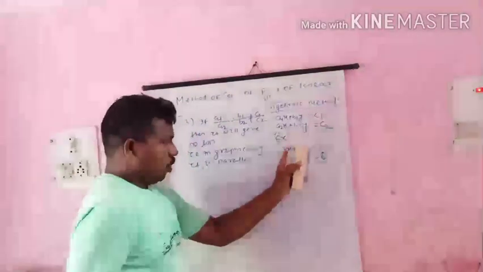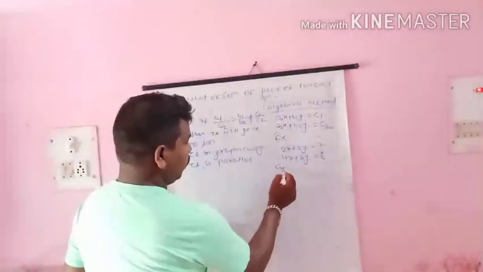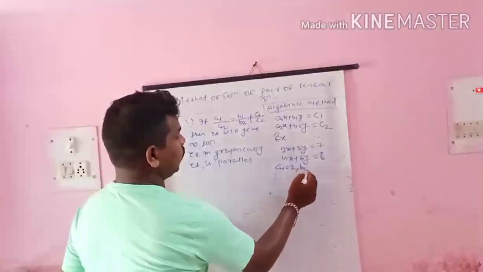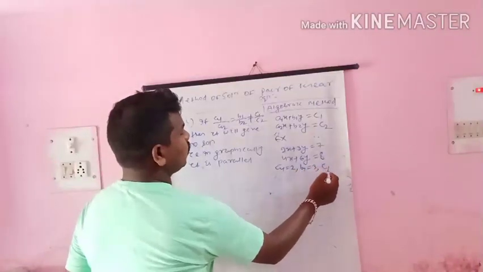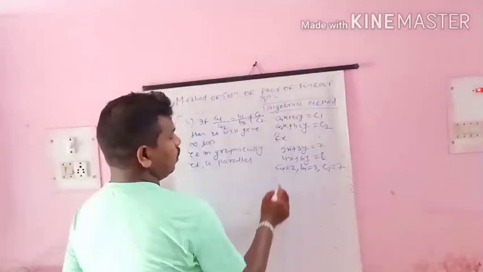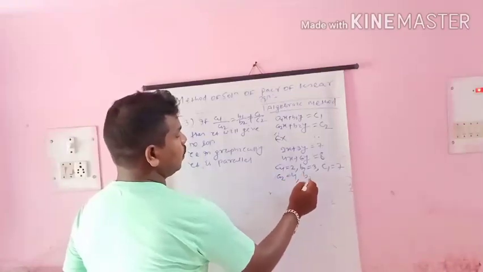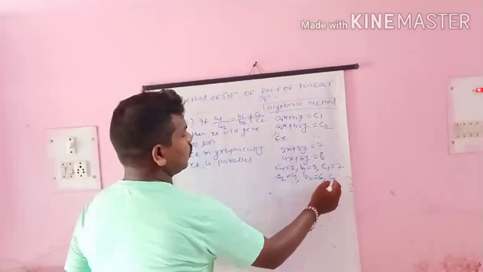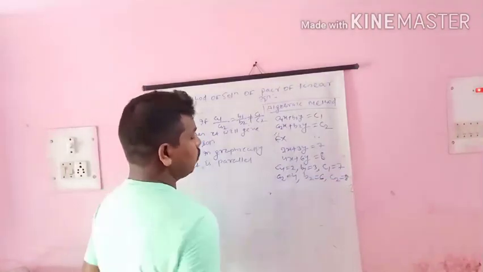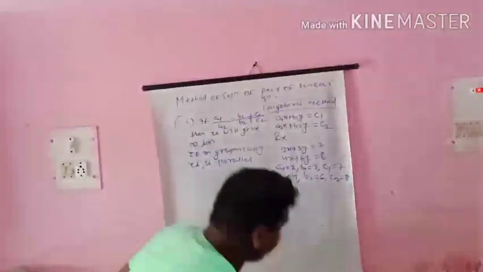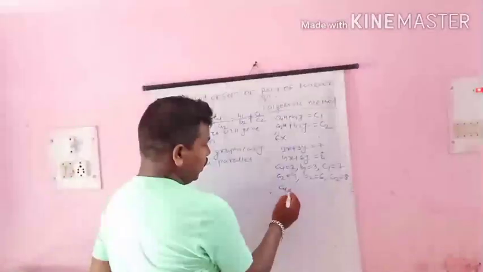For this example, a1 equal to 2, b1 equal to 3, c1 equal to 7. And from the second equation, a2 equal to 4, b2 equal to 6, c2 equal to 8. So you have to check a1 by a2 first.